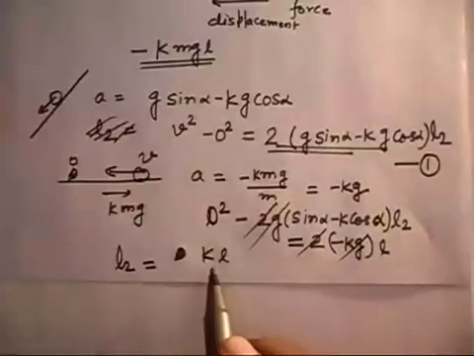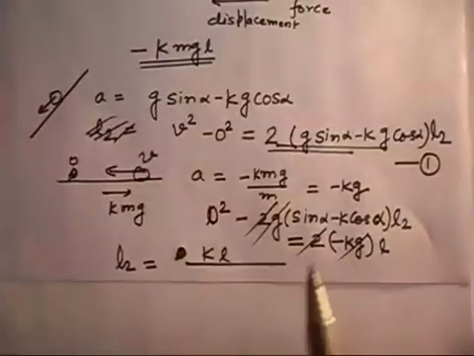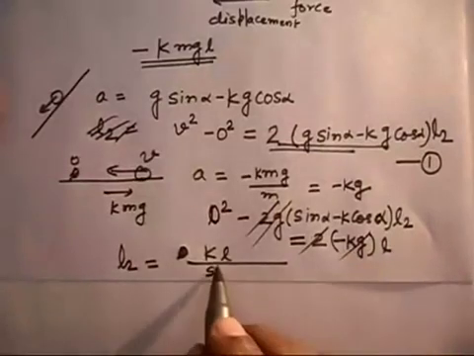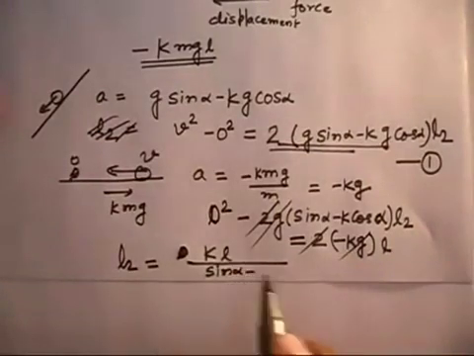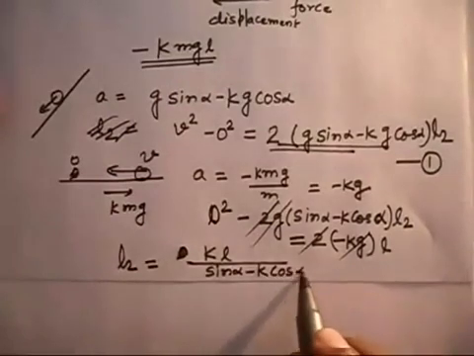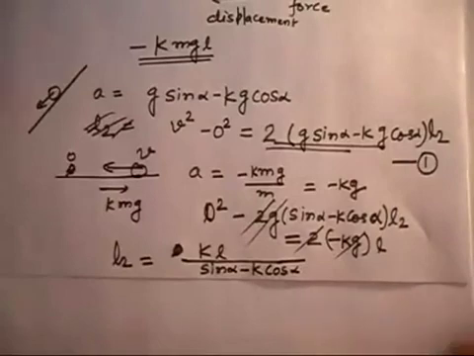So I will have k times L divided by sin alpha minus k times cos alpha. So this is the L2.